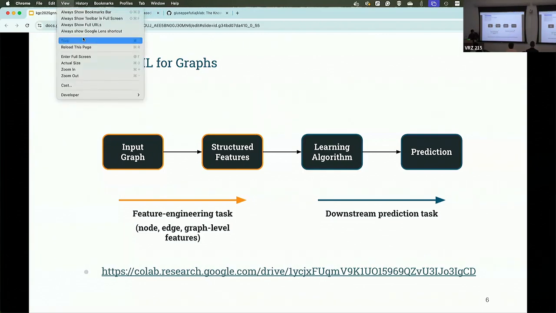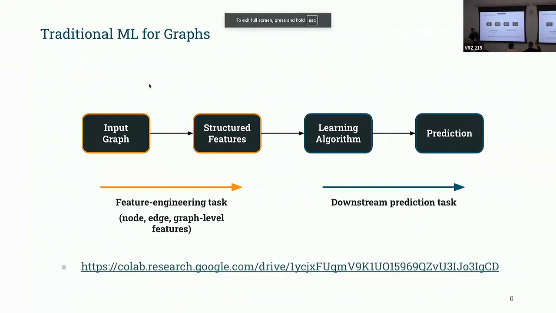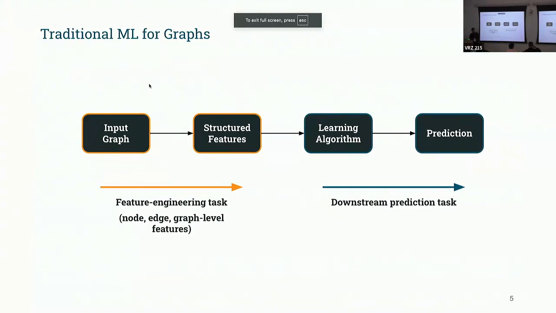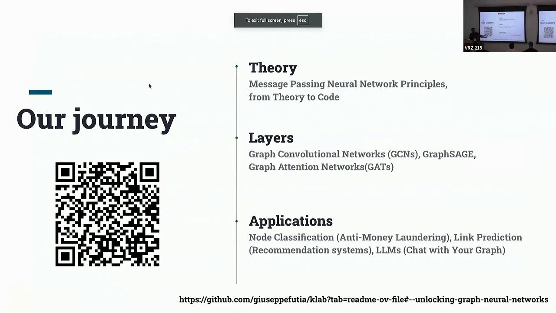Let me find that link. You can go to the theory section of the README, and you find something like how to extract manual features from the graph using NetworkX.